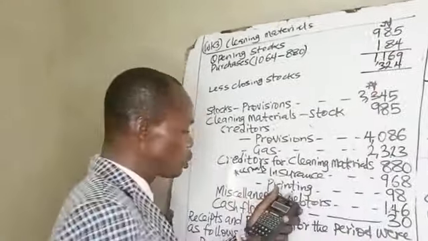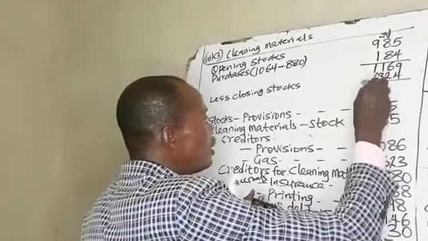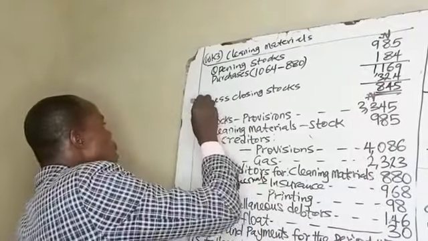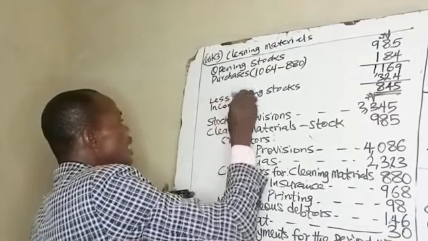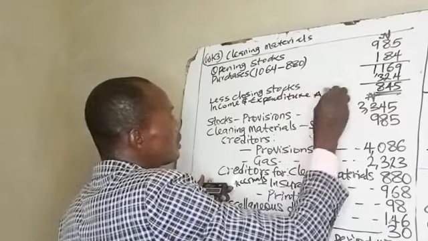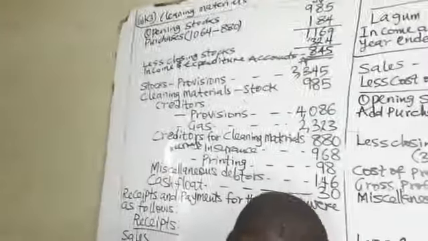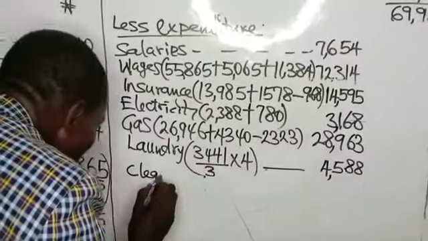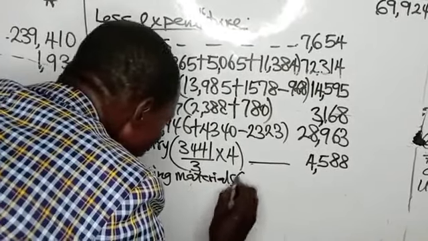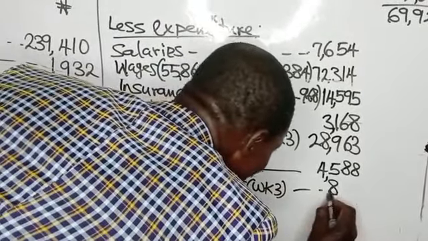If you subtract the 324, then you have 845. That is the amount that will appear in the income and expenditure account. So cleaning materials, working number 3, amounted to 845.